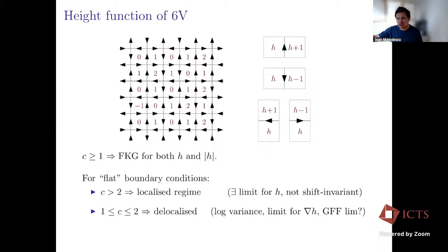Maybe just to finish, I mentioned that there's some sort of height interpretation of the 6 vertex model. I just wanted to show you this, very briefly. The way you obtain a height from a 6 vertex configuration is quite easy.